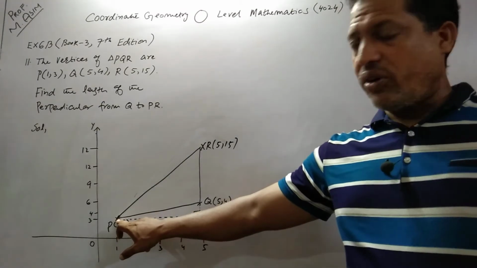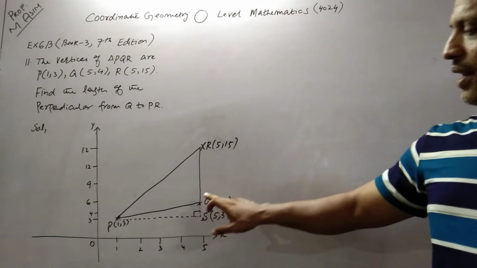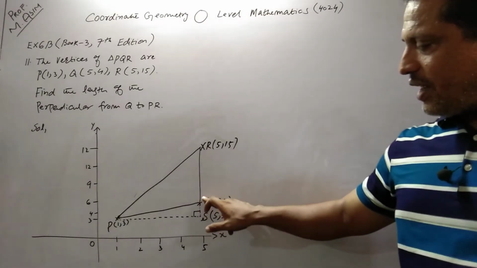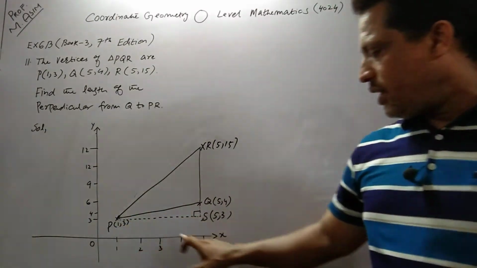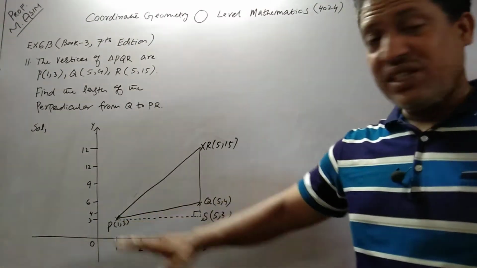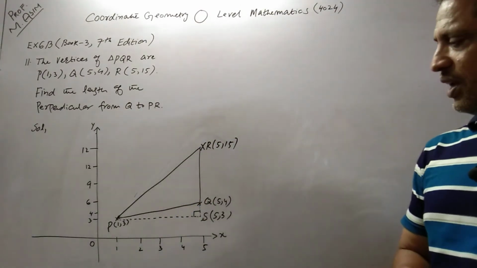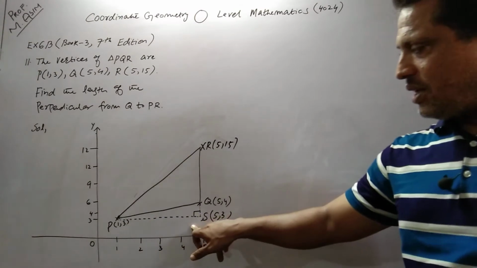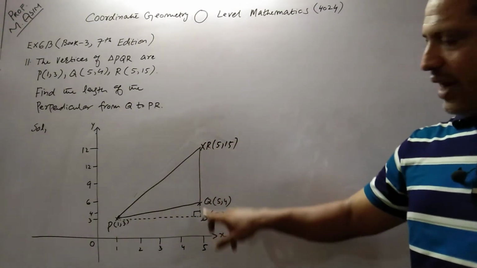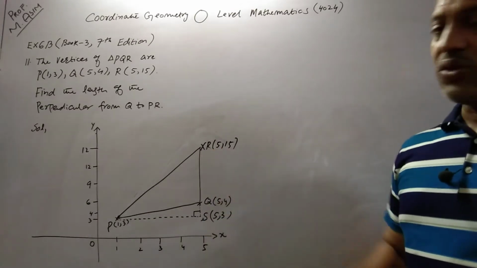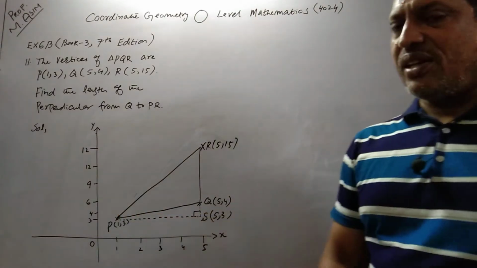If we draw a dotted line from this point, and another line from point Q, so this is (1, 3), this is (5, 3), and this one is a straight line. If we see carefully, PSR is a right angle triangle where RS is the height, but QR is not the height because QR is not the perpendicular. So this is additional work.